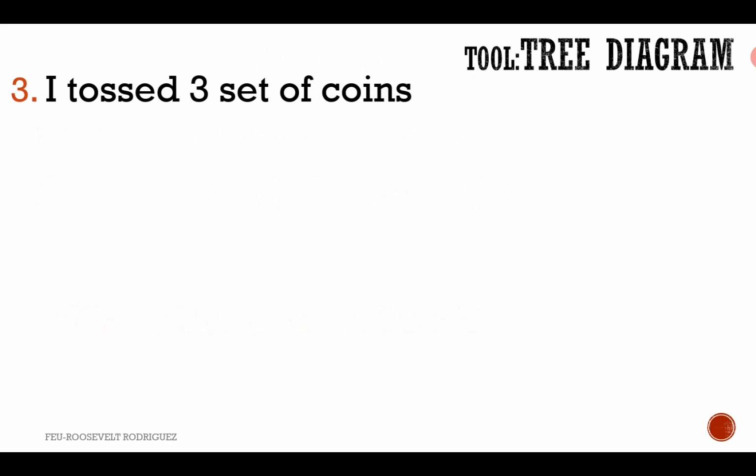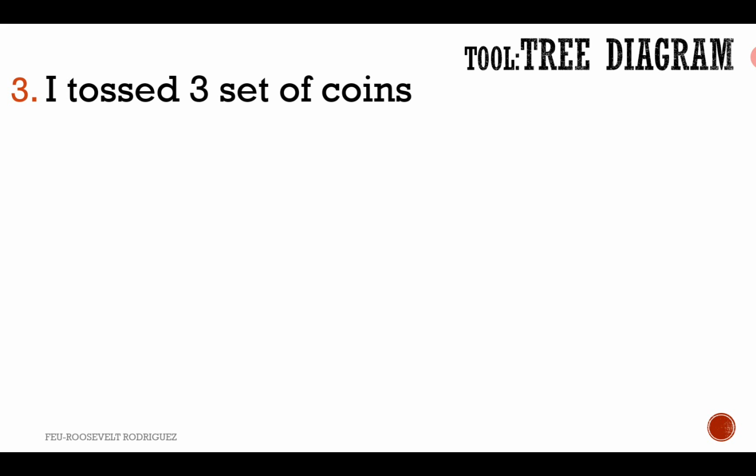Now, paano natin gagawan to ng tree diagram? So, our first question is, how many coins and what are the possible outcomes per coin? Right? So, for this problem, we have 3 coins. Therefore, we will create a 3-set sequence. And then, the outcomes per coin, we have head and tail.